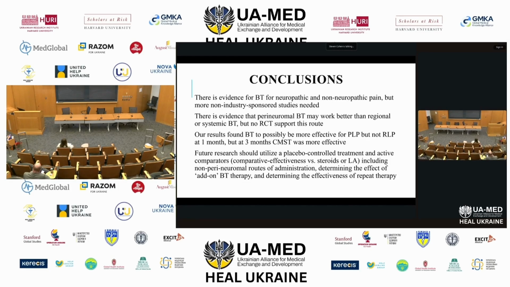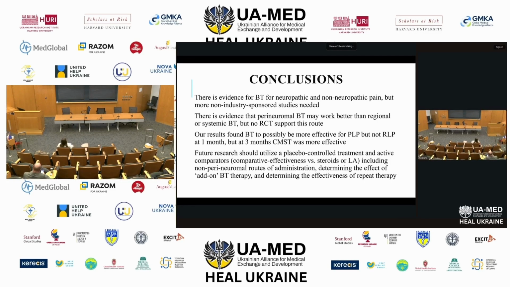This would be similar to joint injections with steroids or epidural steroids. We found that botulinum toxin might possibly be more effective for phantom limb pain, but not residual limb pain at 1 month. But at 3 months, comprehensive medical and surgical therapy was better.